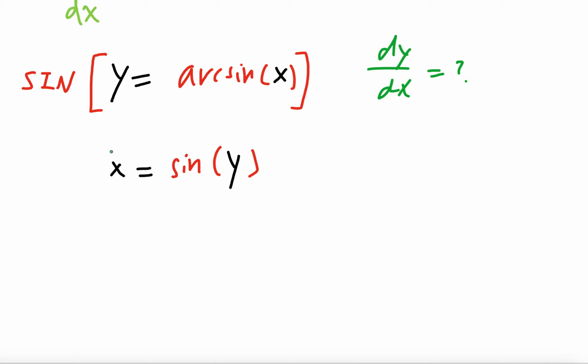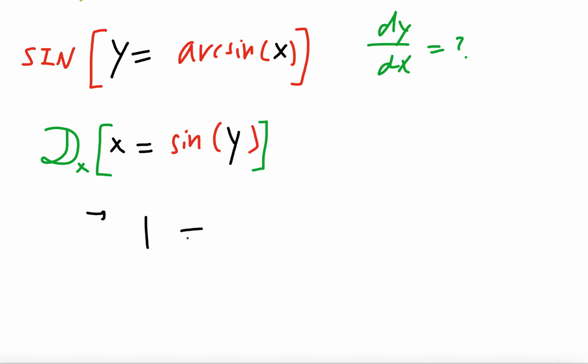What we're going to do is look at this and differentiate with respect to x using the differentiation operator, curly d with respect to x in this case. It's going to give us this. We get 1 because the derivative of x with respect to x is 1. And here we have the cosine of y. And by the chain rule, we have to multiply this by dy/dx, because y is a function of x, arcsine of x.